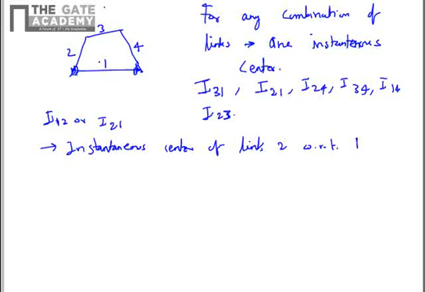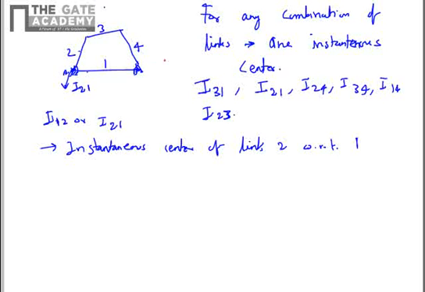So link 1 is fixed to the ground and 2 is rotating about this point A. So the instantaneous center of link 2 with respect to link 1 will be this point only, the A. So this will be I21 or I12, the instantaneous center of link 2 with respect to 1.